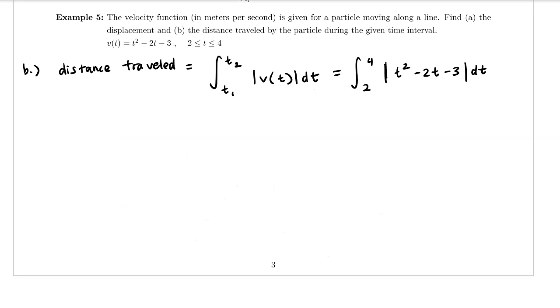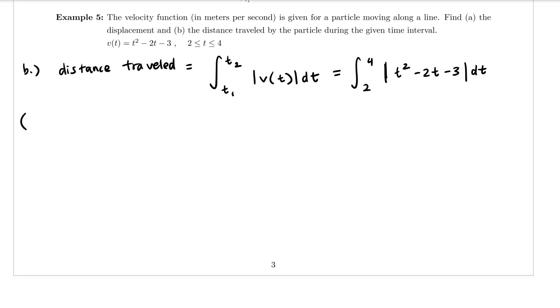So for part B, we want to calculate the distance traveled, which is equal to the definite integral from time 1 to time 2 of the absolute value of the velocity function, which I've copied down here. Because our velocity function is a quadratic function, if I were to sketch a graph of it, it would be an upward facing parabola. And I'm going to go ahead and factor that.